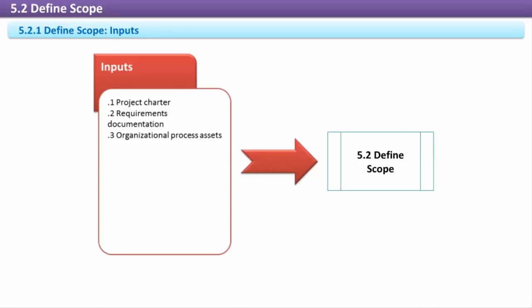Organizational process assets. Organizational process assets are the source of existing policies, processes, organizational data and knowledge.